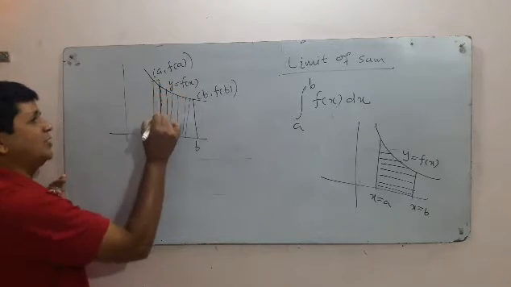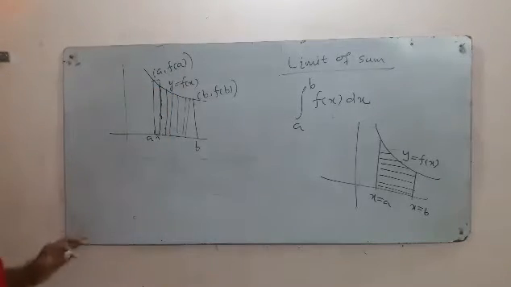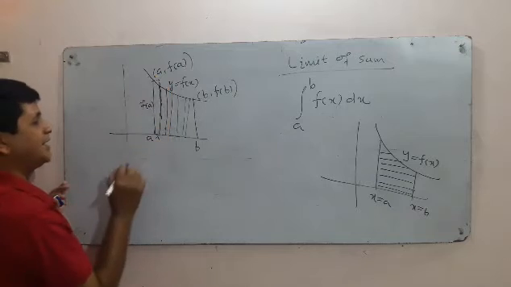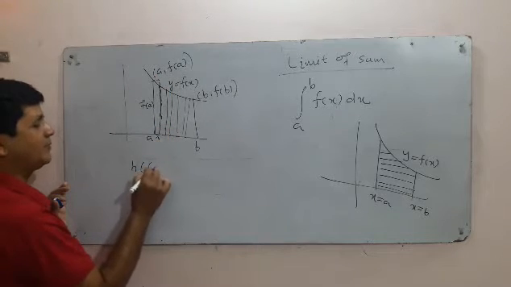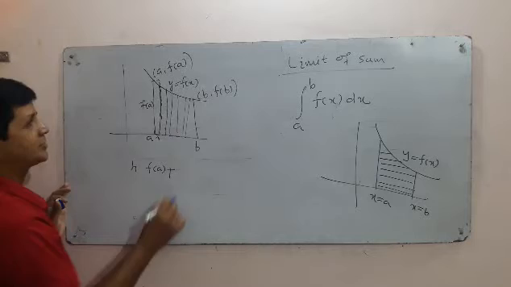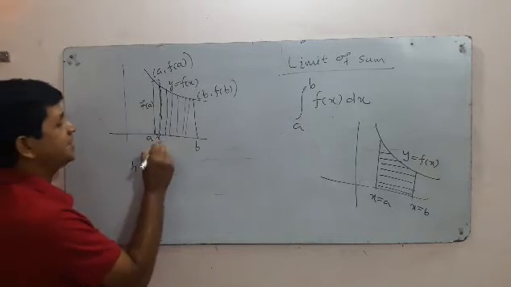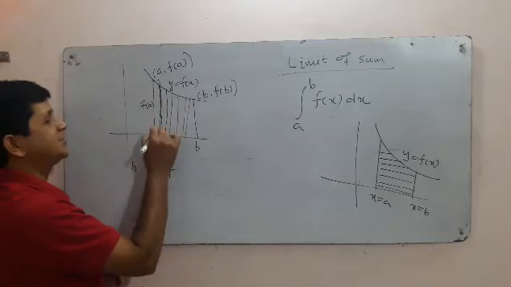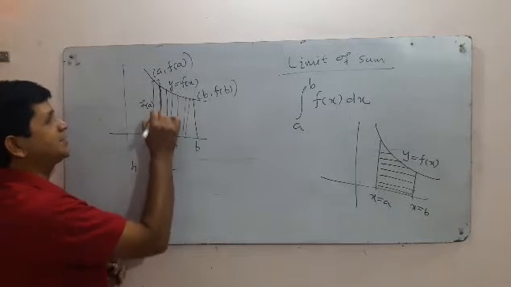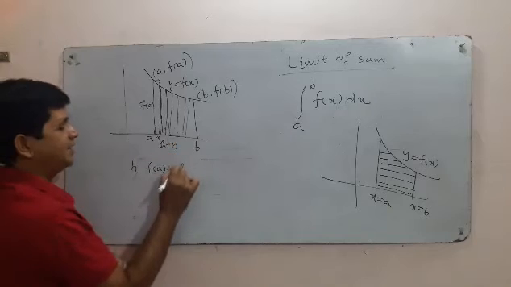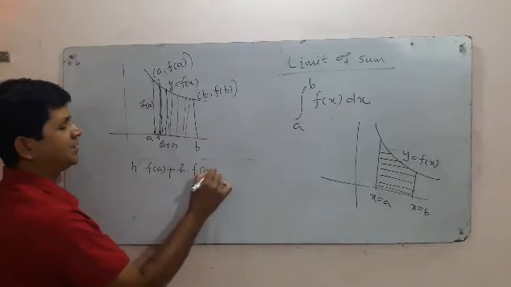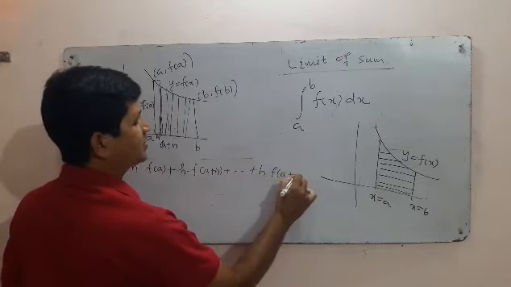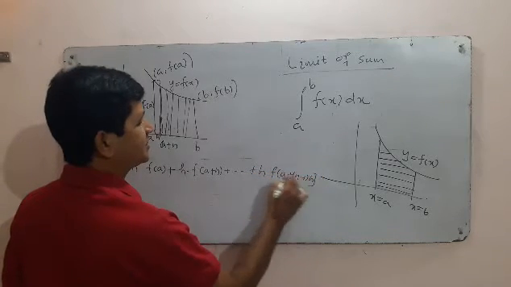This area and this area are side by side, the same, right? This is f of a, this is h, so the area of this will be h into f of a, plus similarly this point is a plus h, and this is f of a plus h, so this area is h into f of a plus h, and the last one is h into f of a plus n minus 1 into h.